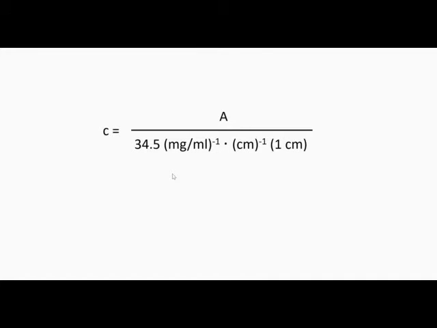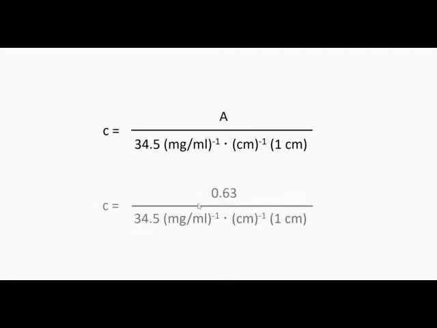So if we rearrange Beer's equation to concentration is equal to A over the extinction coefficient times the path length, then all we need to do is plug in our absorbance and divide 0.63 by 34.5, and you get 0.018 milligrams per milliliter. Hopefully everybody got that when they did this calculation.